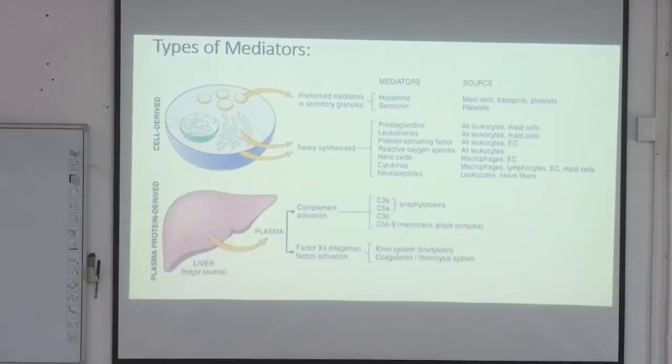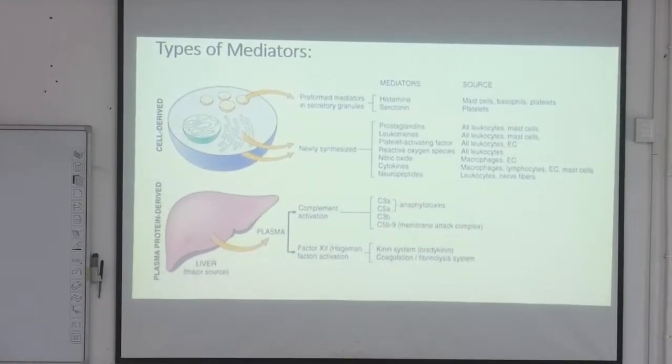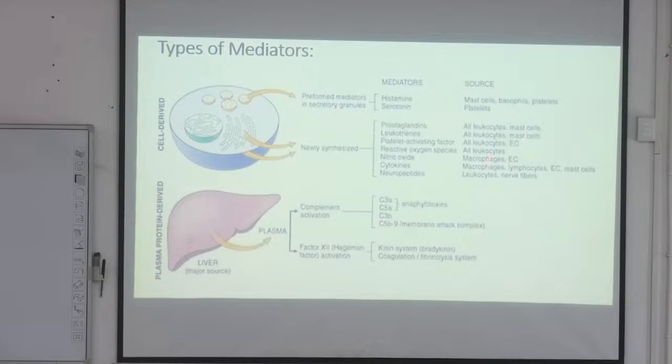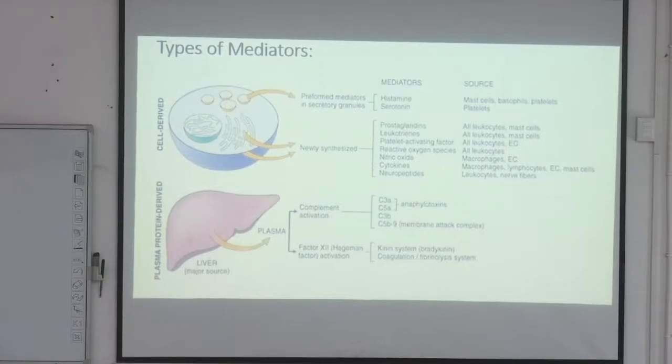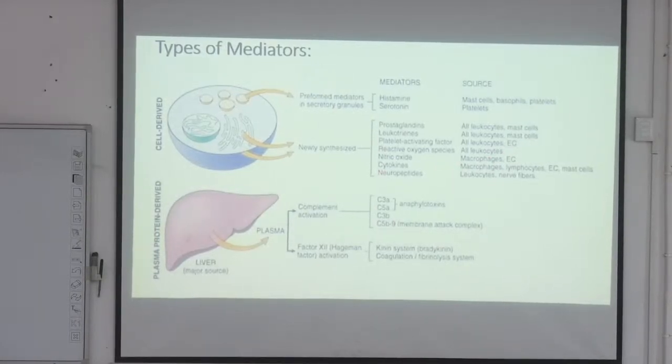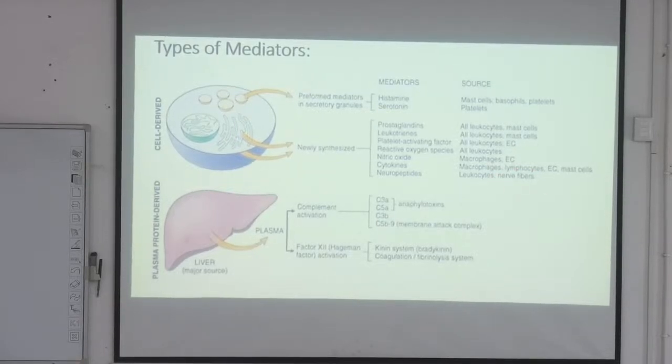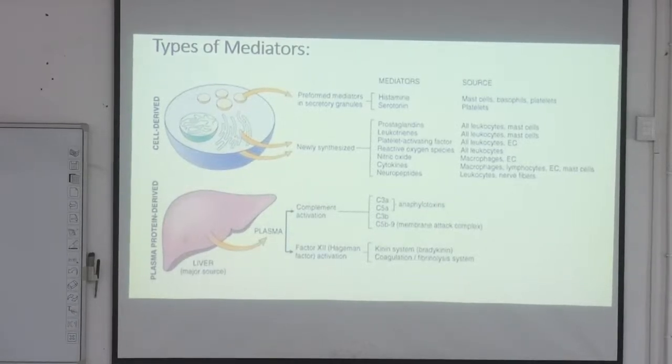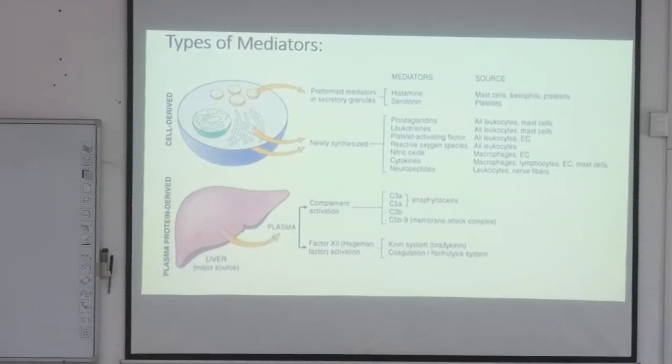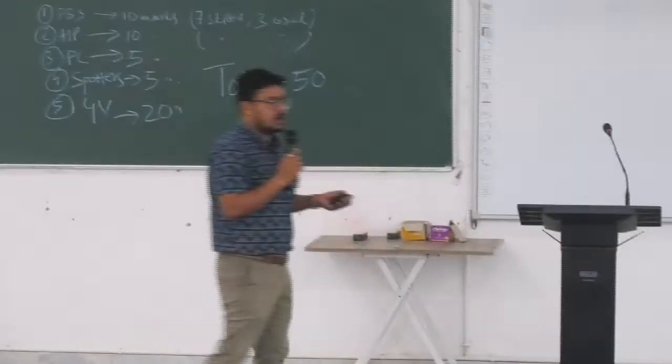Their cells of origin are leukocytes, mast cells, as well as endothelial cells; a few, like nitric oxide, come from macrophages and endothelial cells, nerve fibers, lymphocytes, etc. So there is a variety of cell-derived mediators, and mostly they are newly synthesized, and a few are secreted from preformed granules.